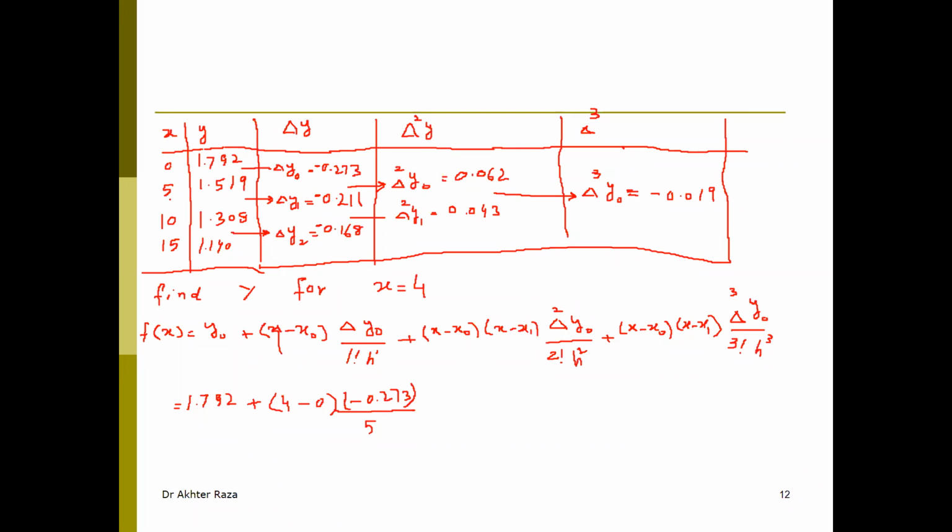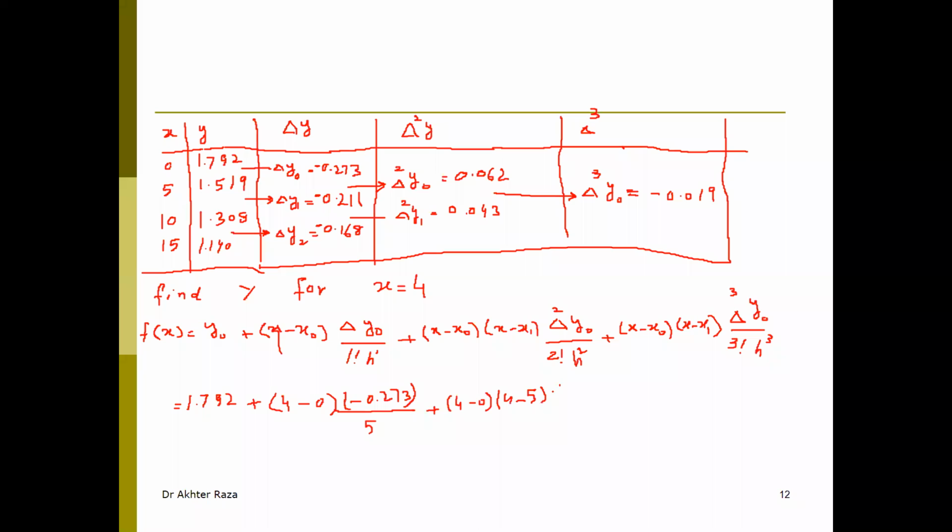So this is the difference between the arguments. So h is 5, plus x minus x naught. x is 4, x naught is 0, x is 4, x1 is 5.